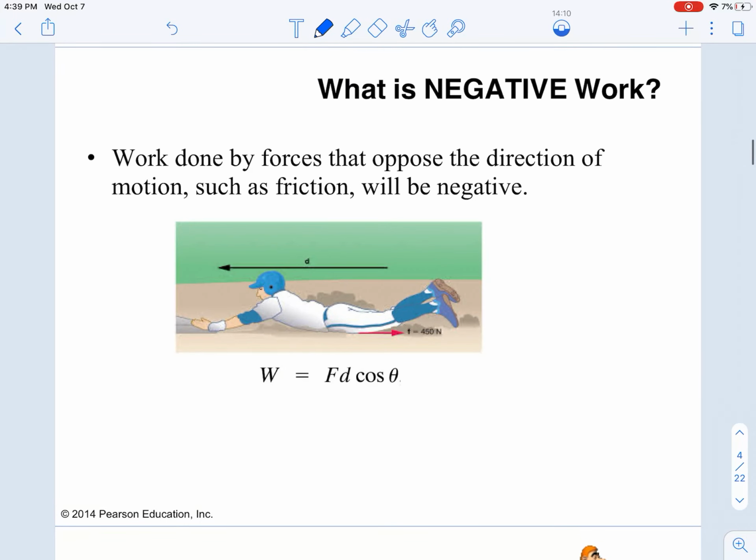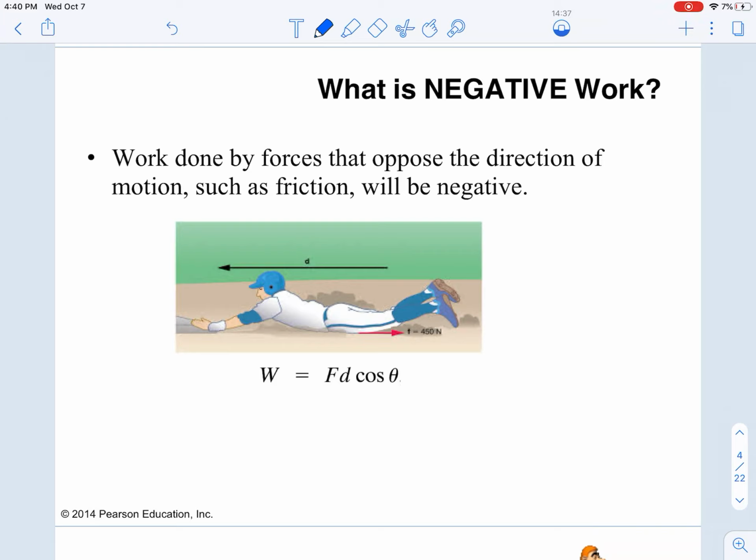So what does it mean to have negative work? Because I've shown you on that last example how we could have work that would come out to be some positive number, whatever that force and that displacement was. It's going to give us a positive number for our work. And then I've shown you how there is no work done. So what is it if I say that we have negative work? Again, remember that work is scalar.